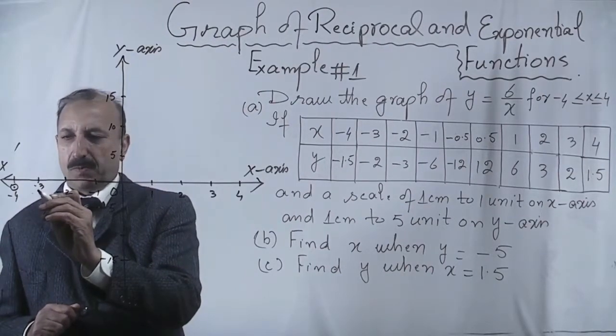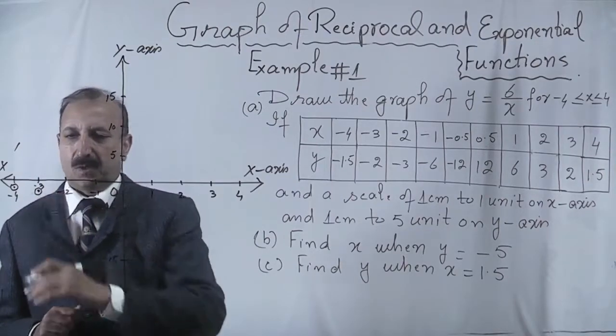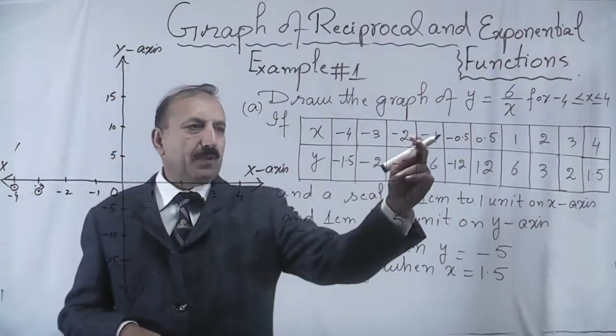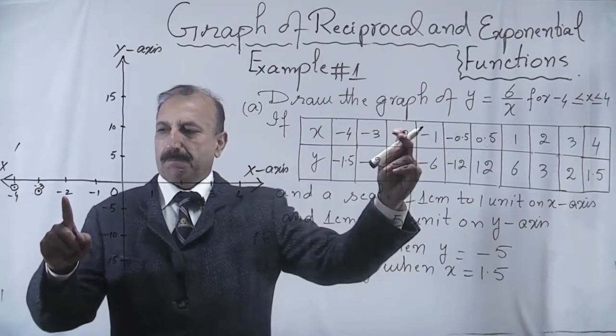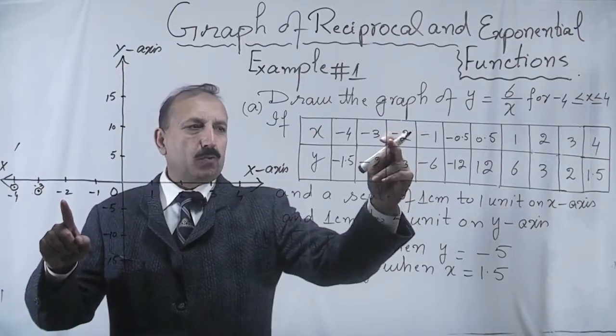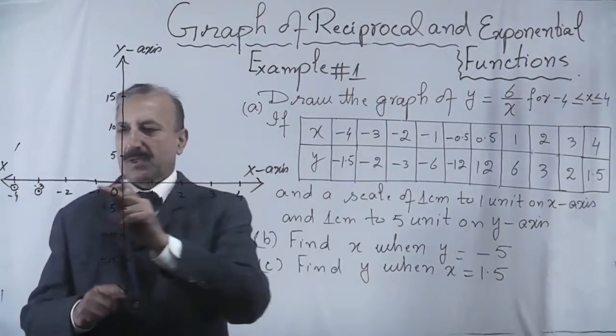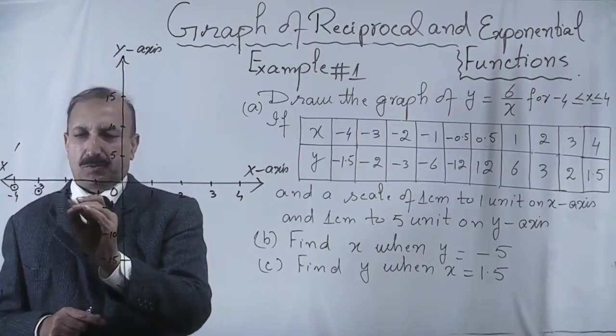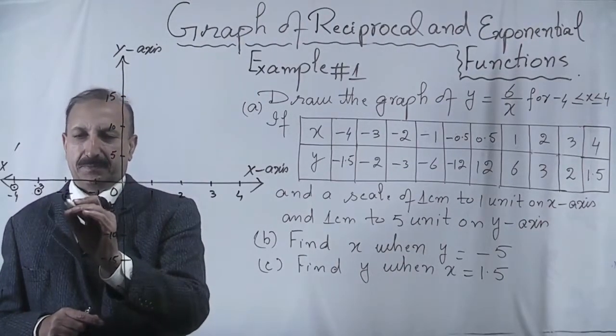This is -2 approximately. Alright, and then -2 and -3. This is -2 and -3 is approximately here.